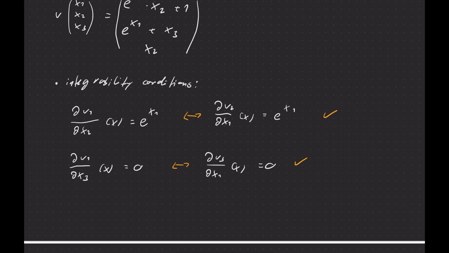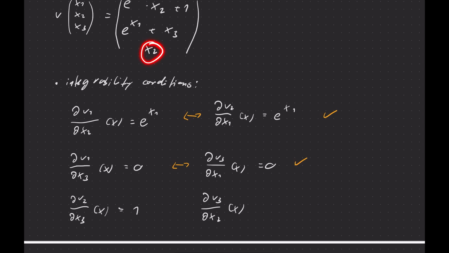And let's see, we're missing dv2. We already did dv2 with respect to dx1. That's in here. But we're missing dv2 with respect to dx3. So let's have a look at that. This is v2. There's an x3 in there. So the derivative of that is 1. And then we need to compare this with dv3/dx2.